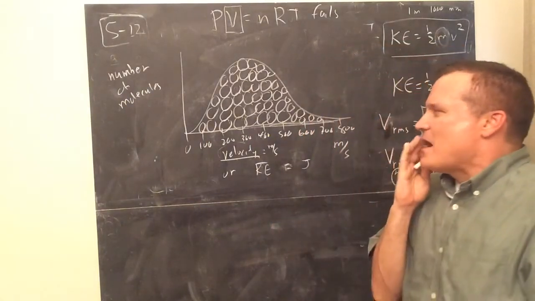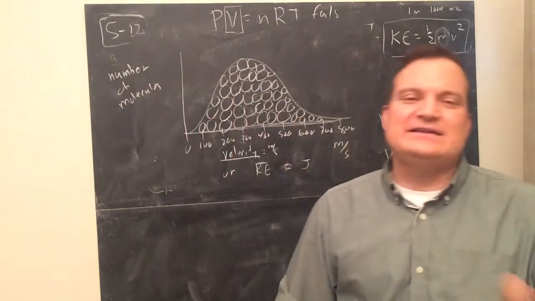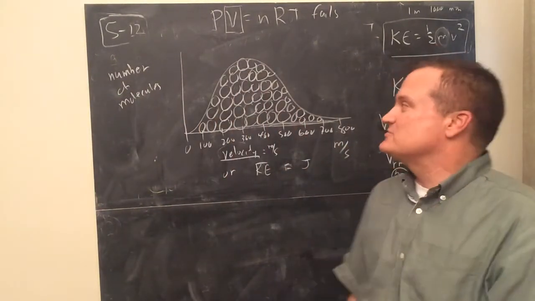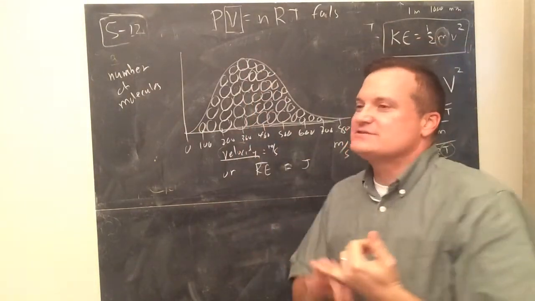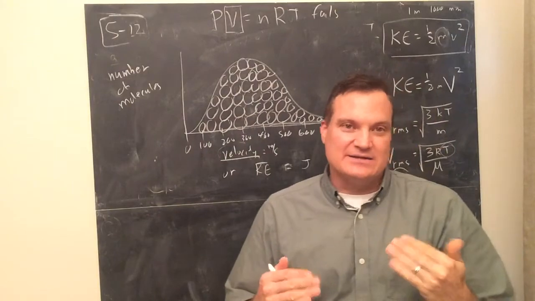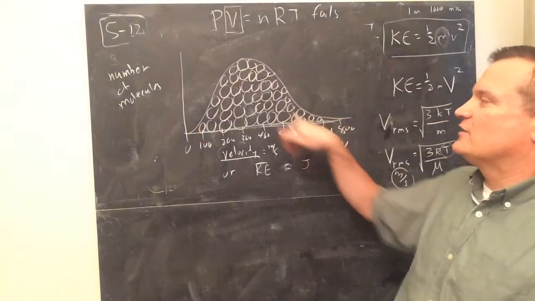Anytime you graph any data with a bell curve, this will be true. The average is going to be right here in the middle. One of the best examples is a person's height. The more people you have, the better you're going to get a curve like this.